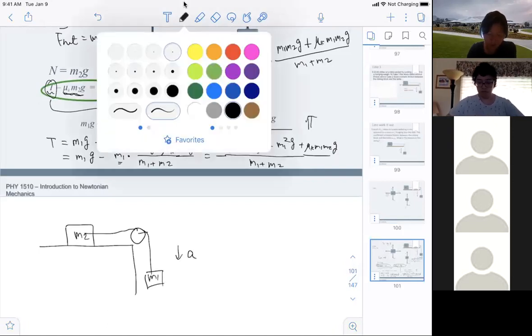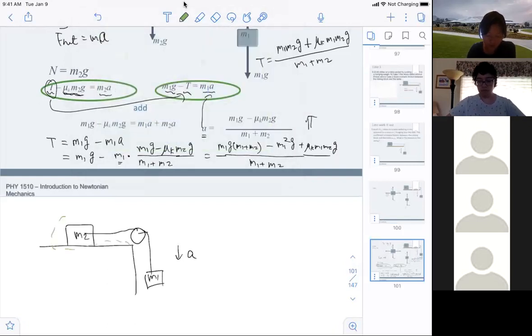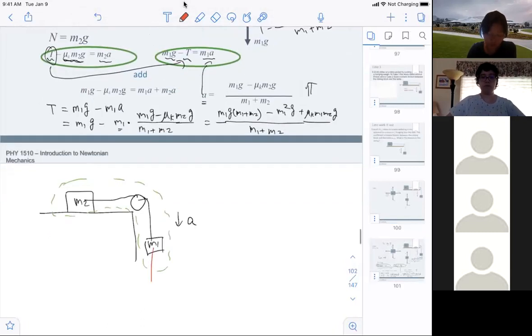Just to remind myself, which force is responsible for speeding it up? It's the M1 g, the weight 1. Which force is responsible for slowing down?